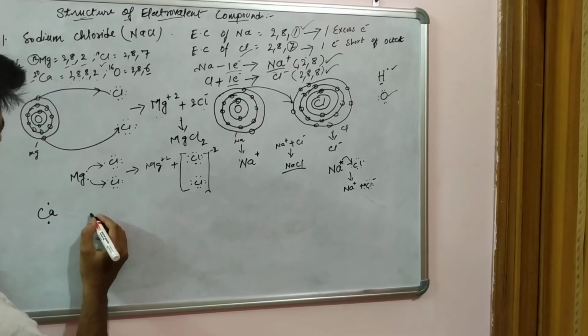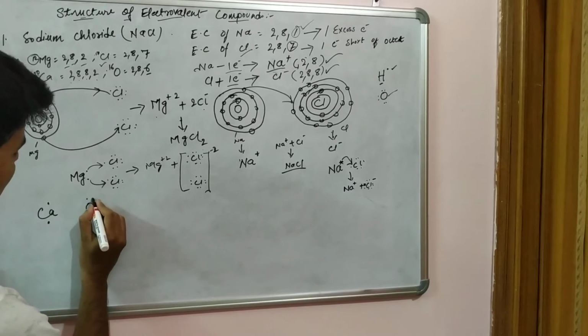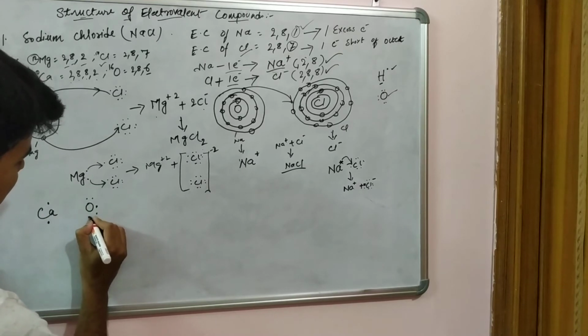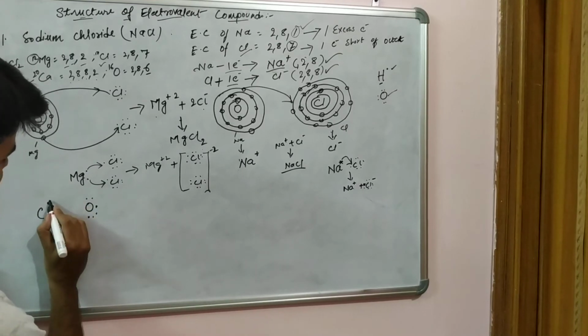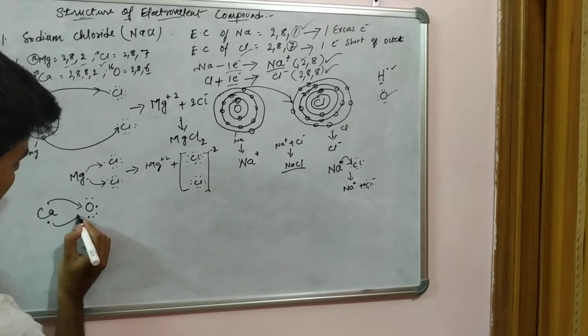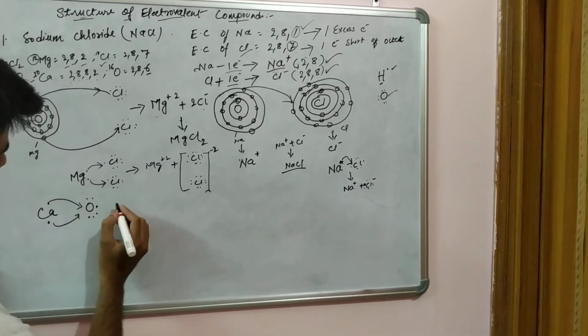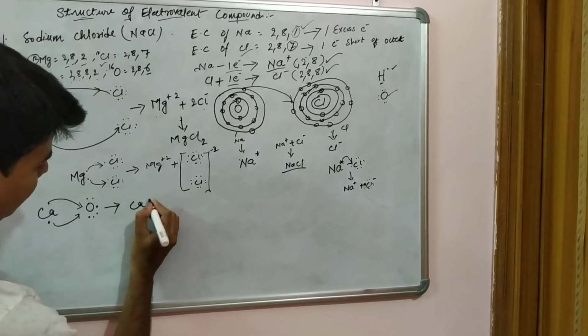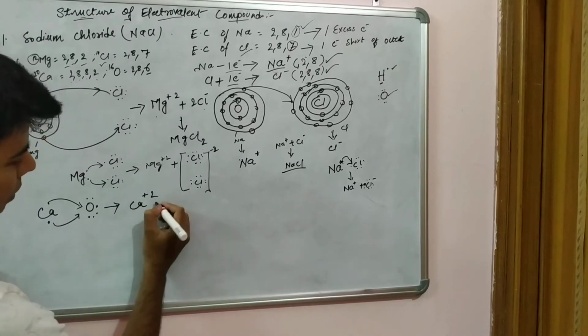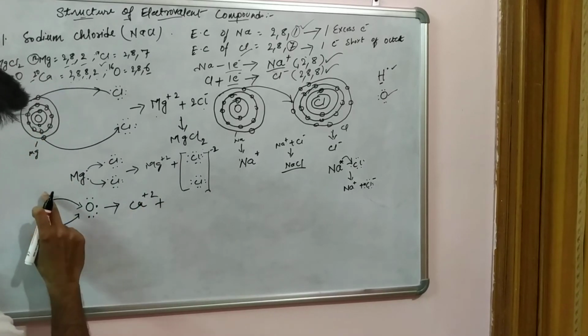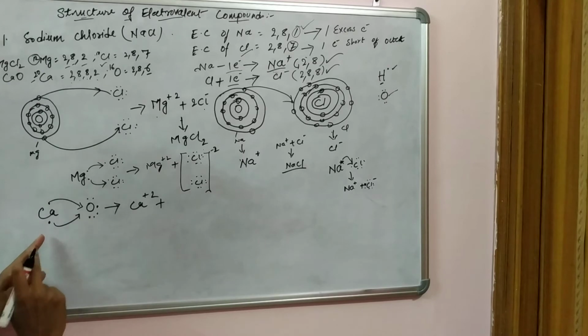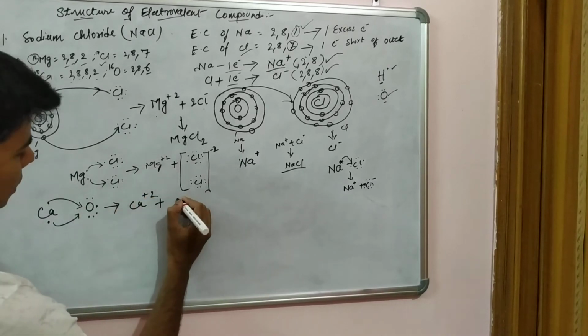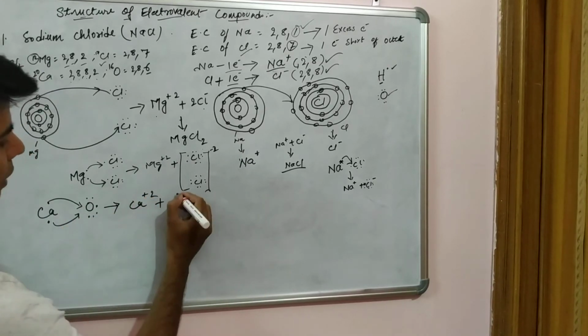Right? Oxygen, 6. Right? Since it loses 2 electrons, plus 2 charge, it gained 2 electrons.